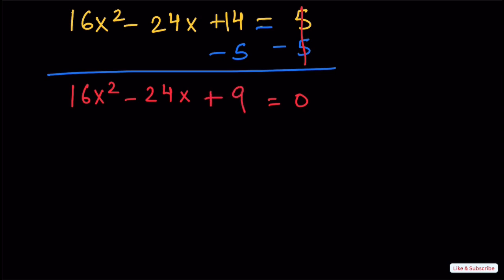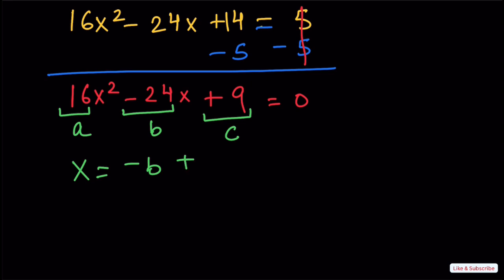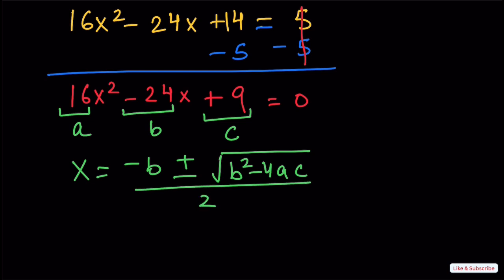Now what is the value of a, b and c? The value of a is the coefficient of x squared, the value of b is the coefficient of x, and the value of c is the constant term. The formula for the quadratic equation is x equals negative b plus minus root of b squared minus 4ac over 2a.